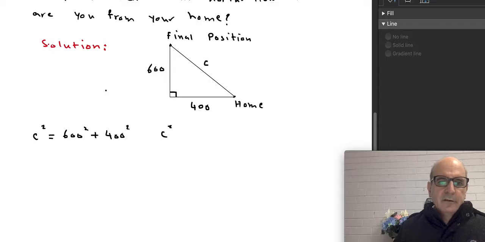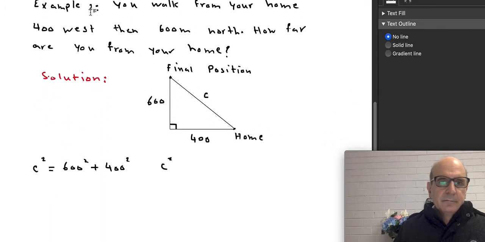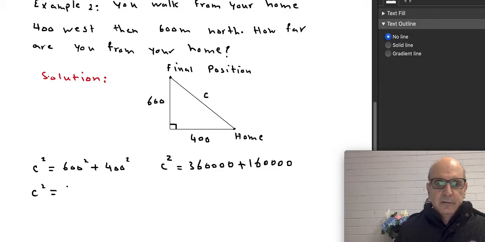That gives us C squared is equal to 600 squared is 360,000 plus 400 squared is 160,000. So altogether, these two become 520,000.